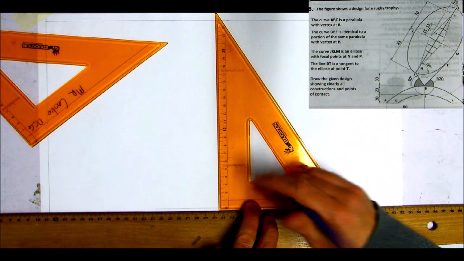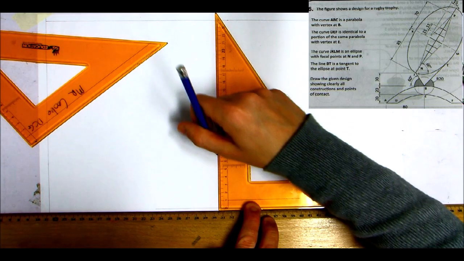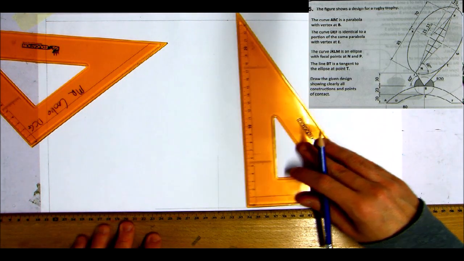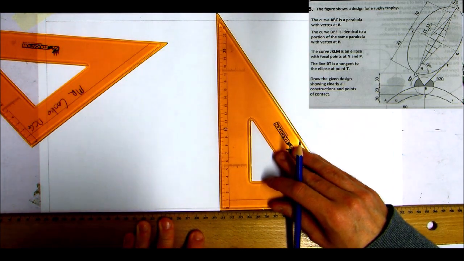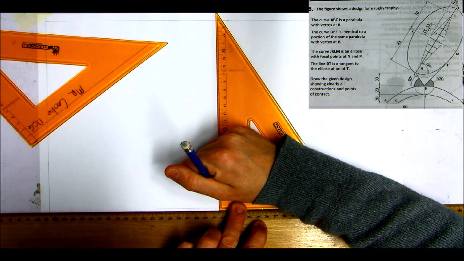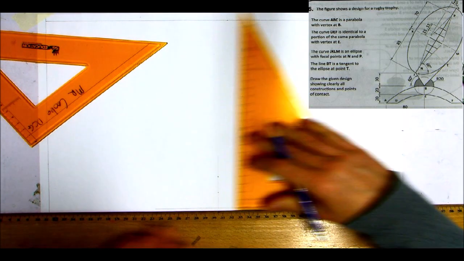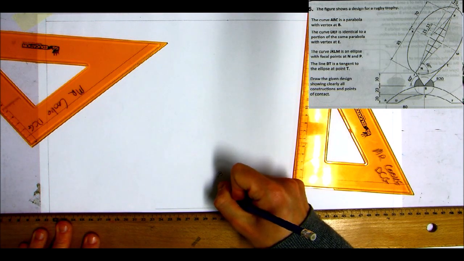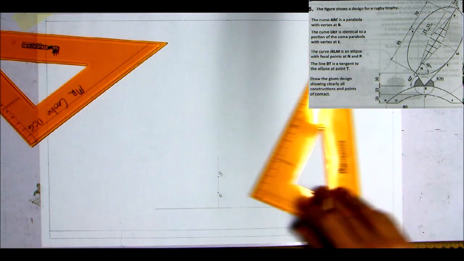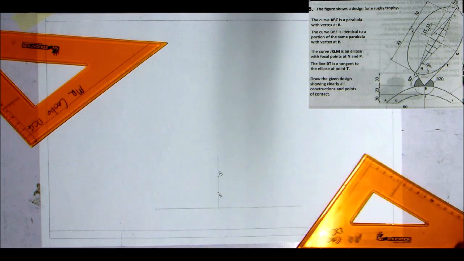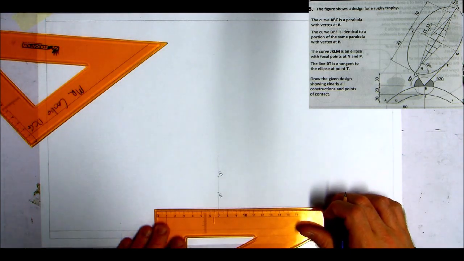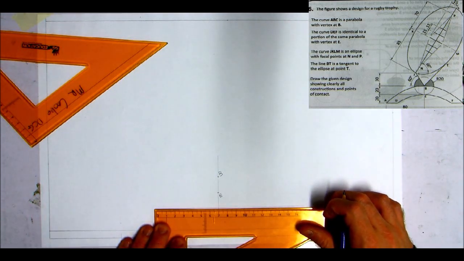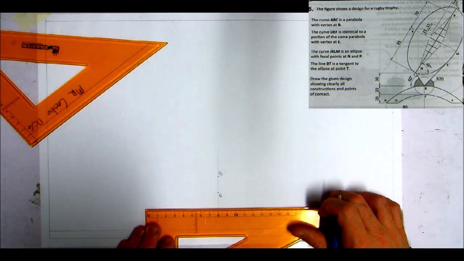So this will be my center line for E and B. I know E is up 20 and B is up another 20, so I can label them in there. That's point B and that's point E. I know that A is out 80 millimeters and C is also out 80 millimeters, so I can measure out that far as well.